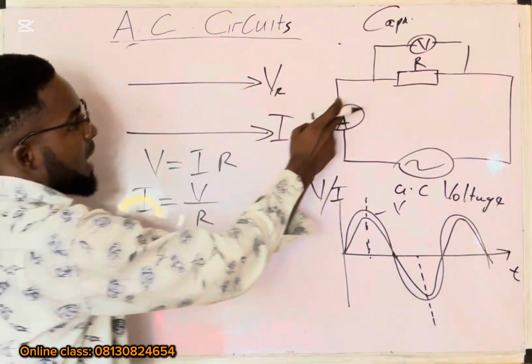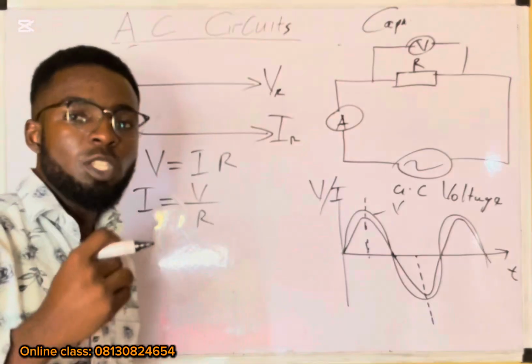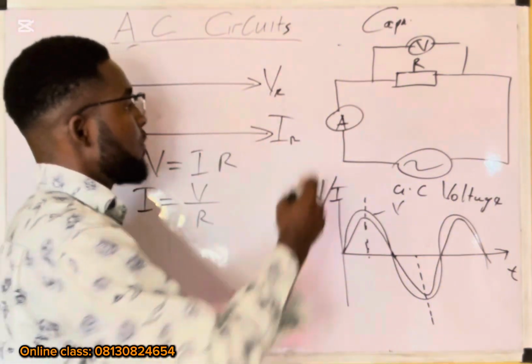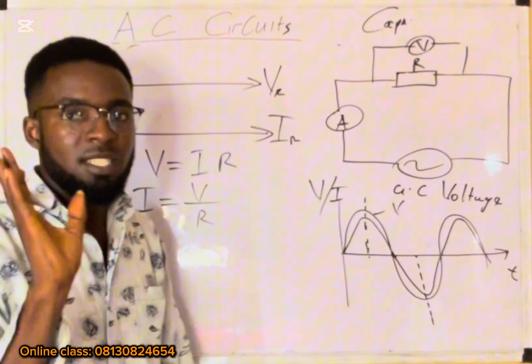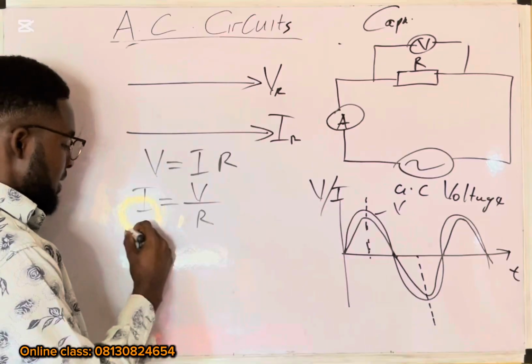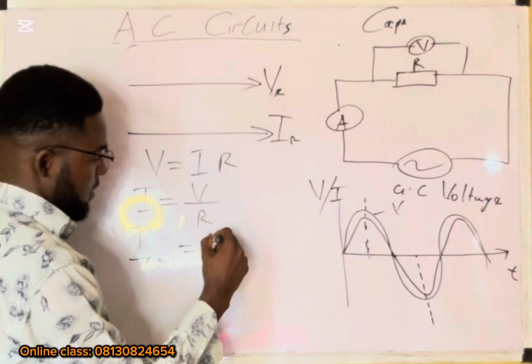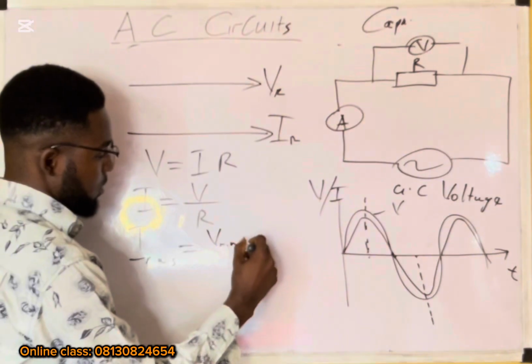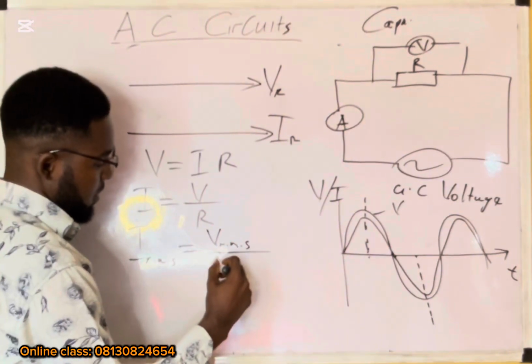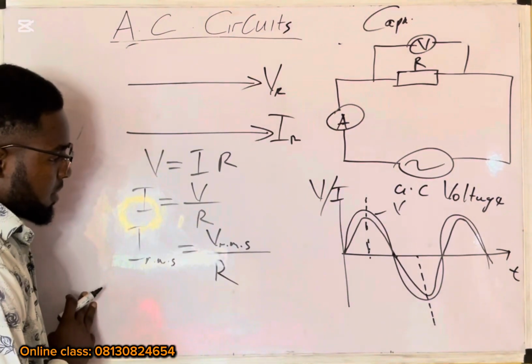The ammeter and the voltmeter measure the root mean square values of the current and voltage, respectively. So this I, the root mean square value, is equal to the root mean square value of V over the resistance.